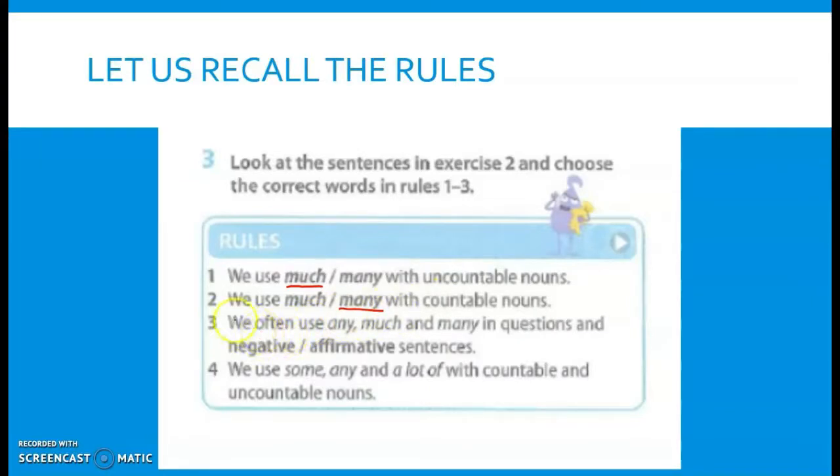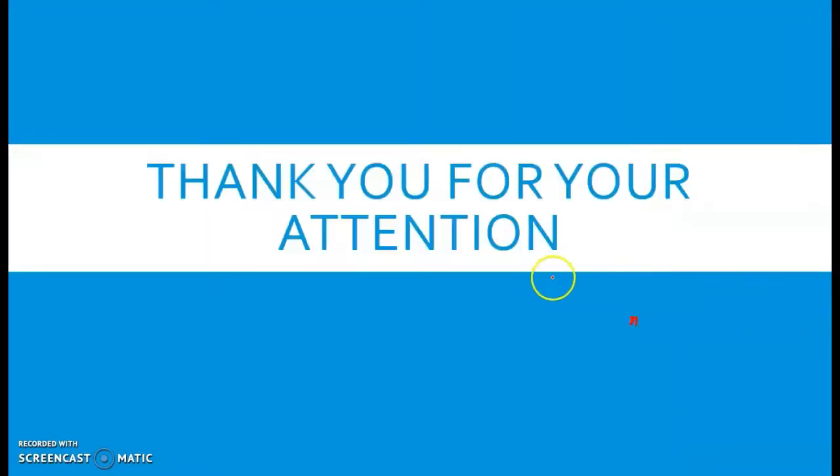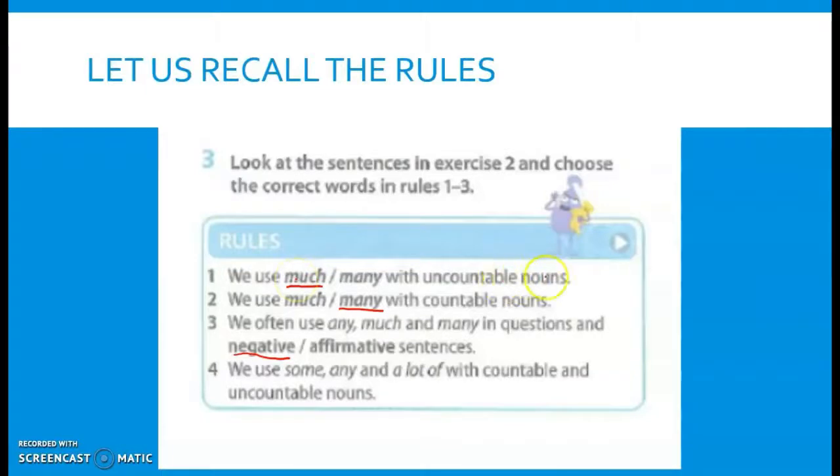For the third statement, we often use any, much, and many in questions and negative statements. So we cannot say there is much pasta. No, we cannot say it like that. We can only use the word much in negative statements.